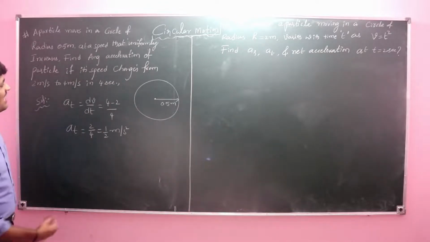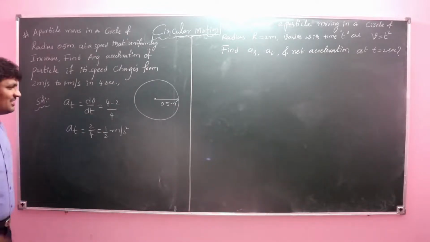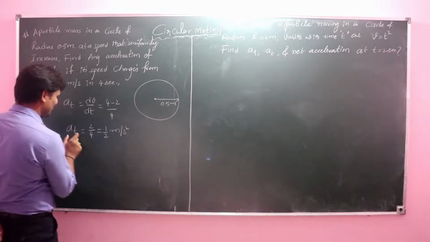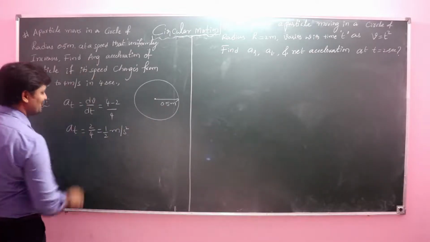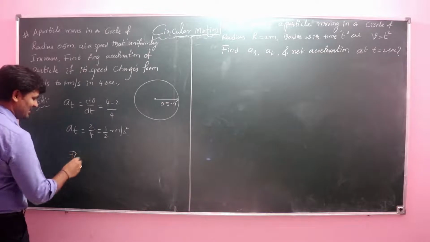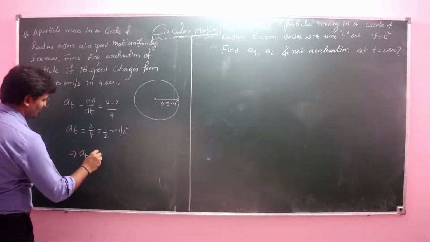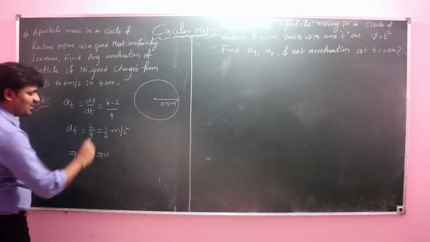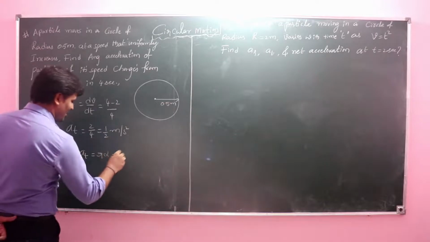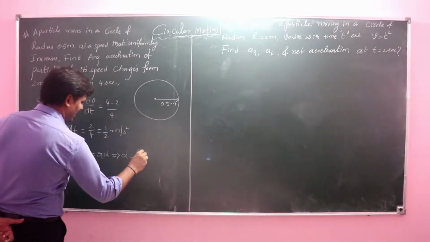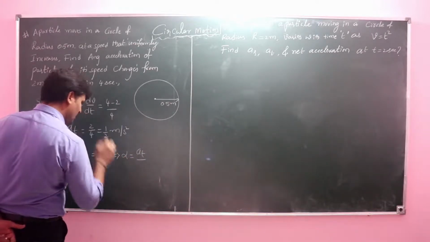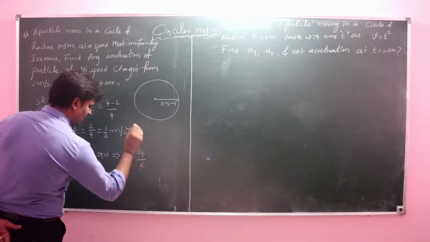Then what is the angular acceleration? You know the radius, you know the tangential acceleration. The formula is tangential acceleration a_t equals r alpha. So alpha is equal to a_t upon r.